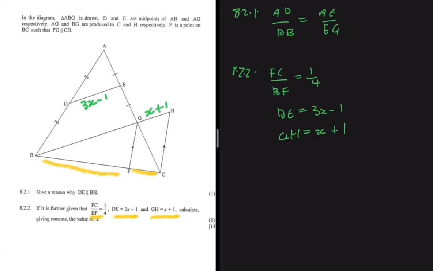If DE cuts AB and AG such that AD is equals to DB, right? You can see here, because of these lines that we are given, that AD is equals to DB. If DE cuts AB such that AD is equals to DB, then we can say that BG is equals to 2 times DE. Right?